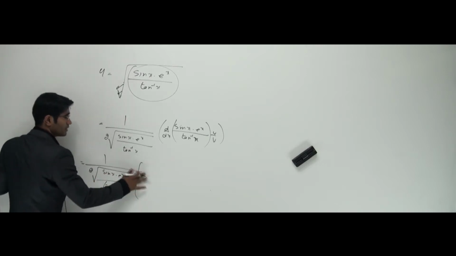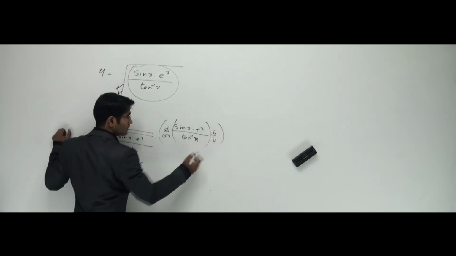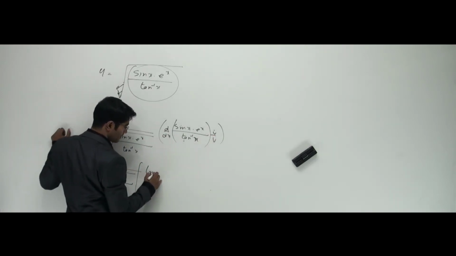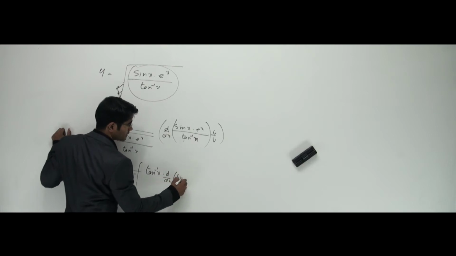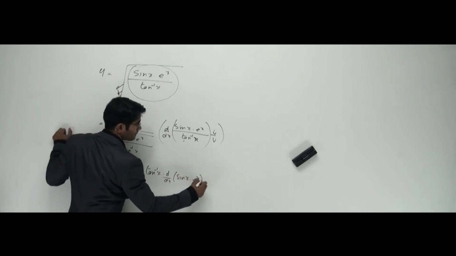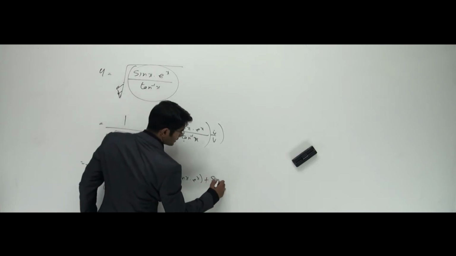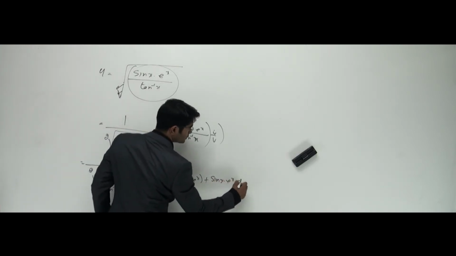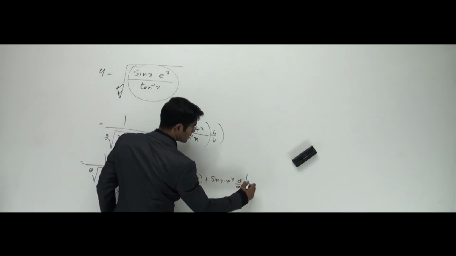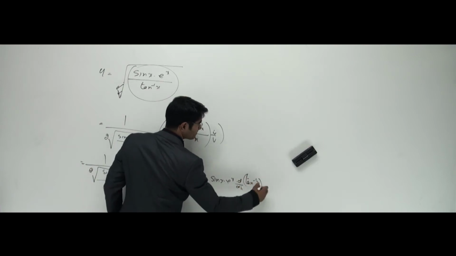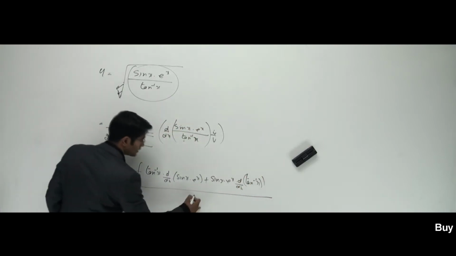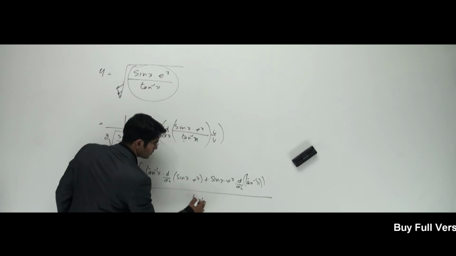That remains there. Now how do you differentiate this guy? That is u by v rule, that is denominator first, tan inverse of x into differentiation of the numerator, that is sine x into e power x, plus sine x into e power x into differentiation of the denominator, that is tan inverse of x, and that's it. The whole thing divided by tan inverse of x, the whole squared.